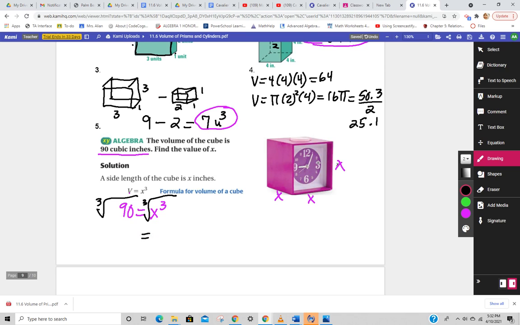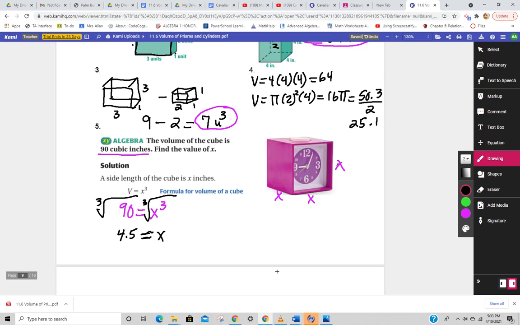So you're going to find that X is approximately 4.5. So each side is approximately 4.5. And if you take 4.5 and cube that, you should get 90.